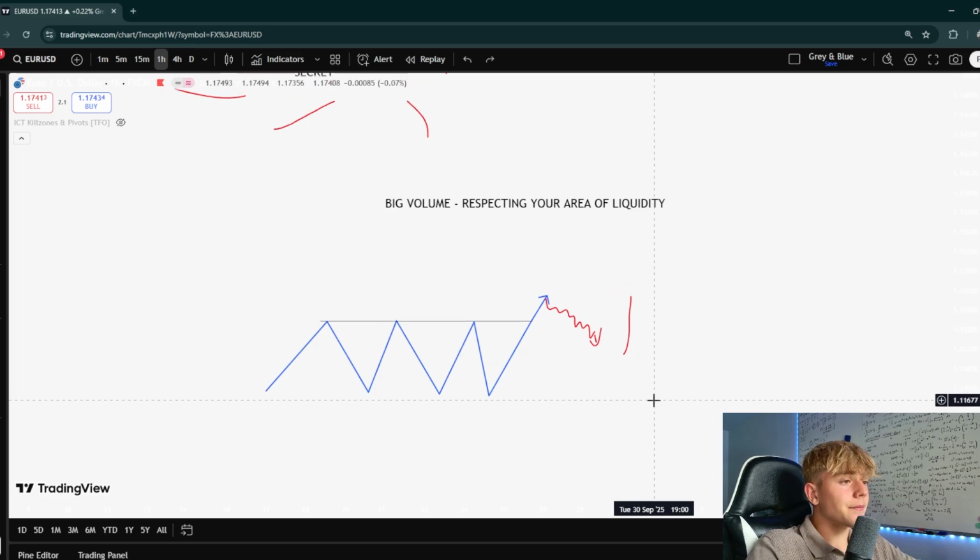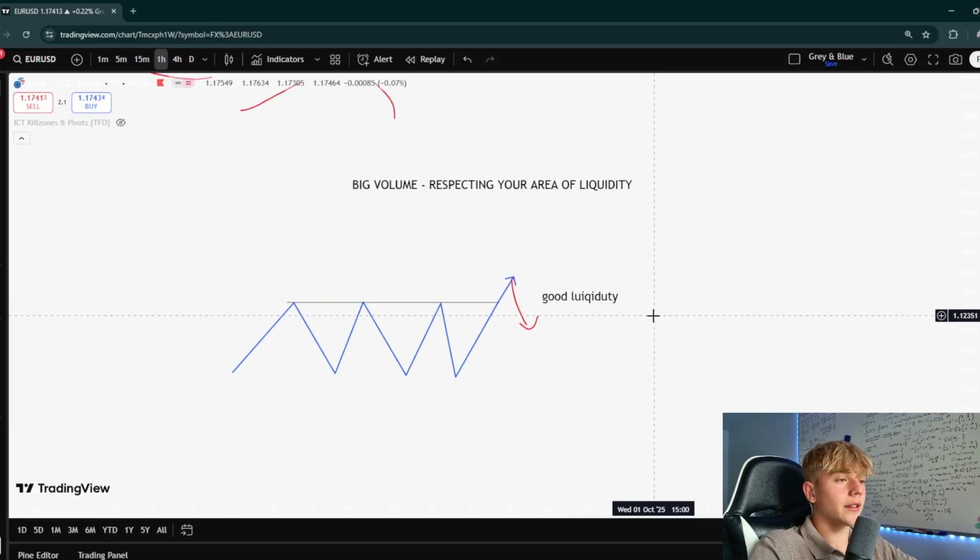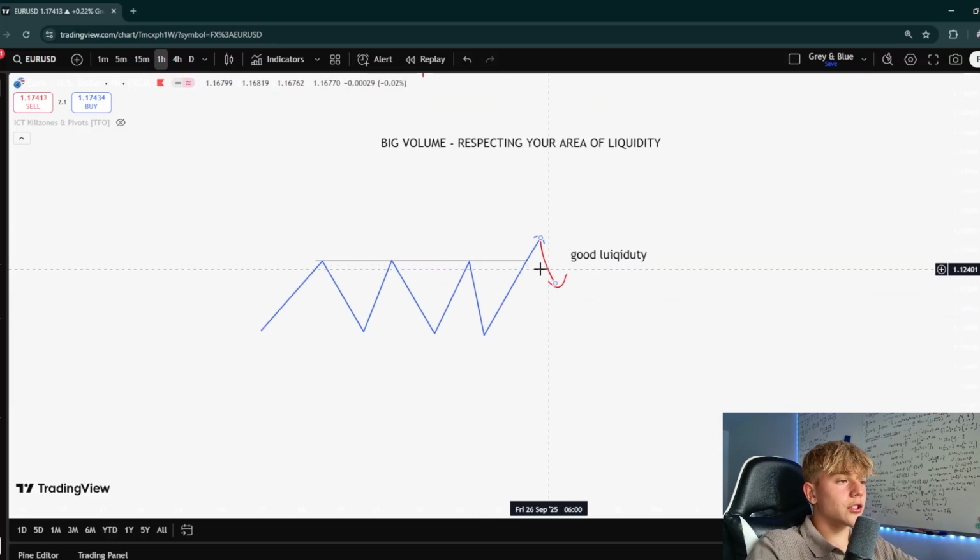Whereas instead, if price swept above this zone and then just shot down like so, that's a bit extreme, but then shot down like this in about a few candles, I would then class this as a good liquidity sweep. If I can ever spell liquidity, let's just assume that's liquidity because I can't spell. I would then assume this is good liquidity.